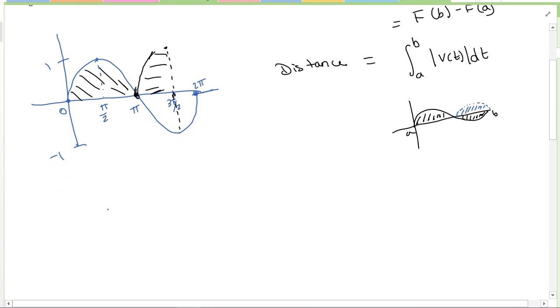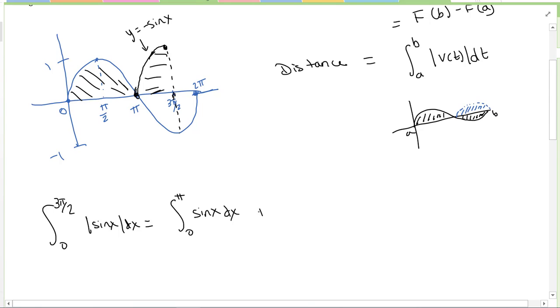And so that means that the integral from 0 to 3 pi over 2 of the absolute value of sine x dx is really equal to the integral from 0 to pi of sine x dx, because this is already above the axis, and when it's negative, we have to reverse it, right? So here, this will be y equals negative sine x. So plus the integral from pi to 3 pi over 2 of negative sine x dx. Whenever you want to bring it up, you just do the negative of that function.